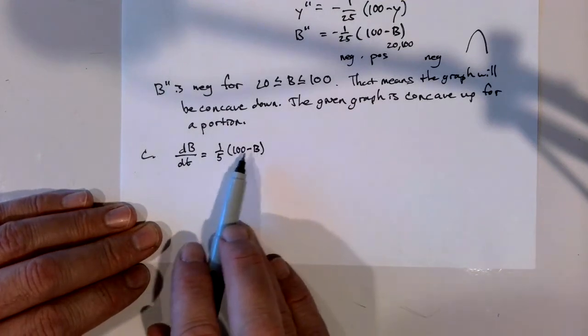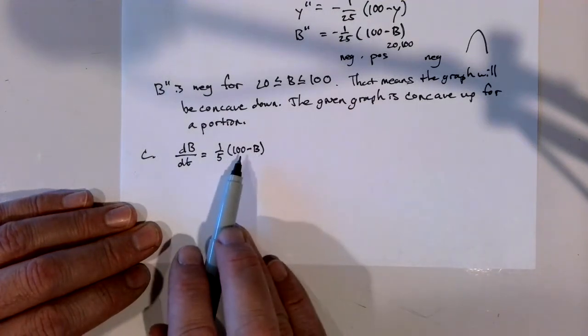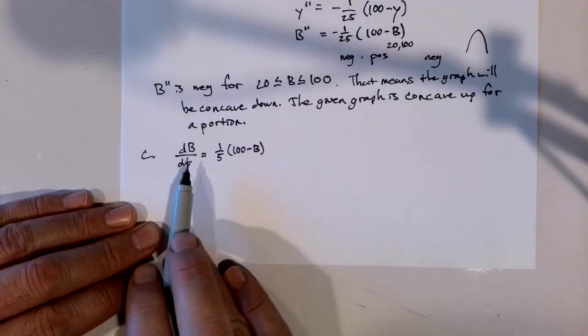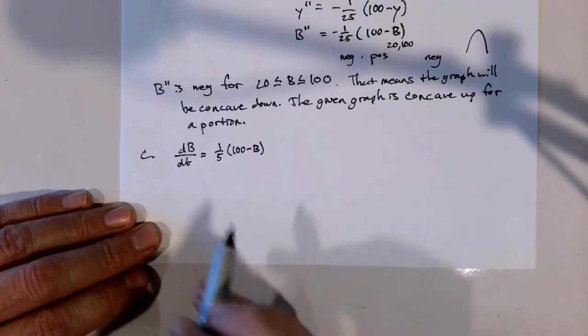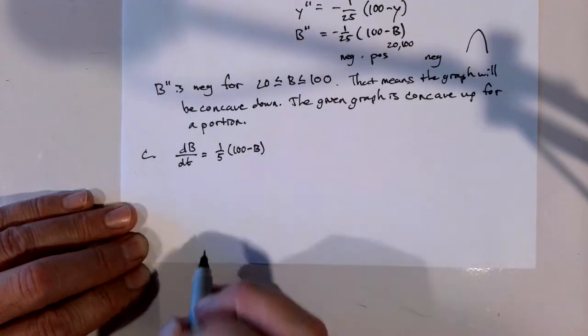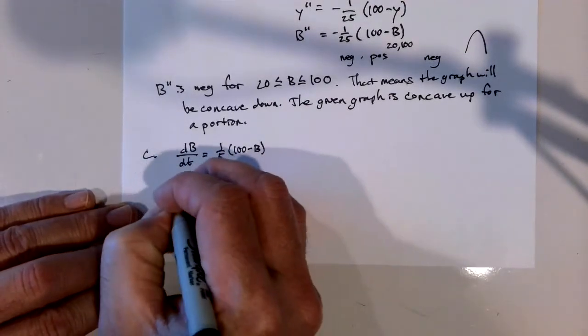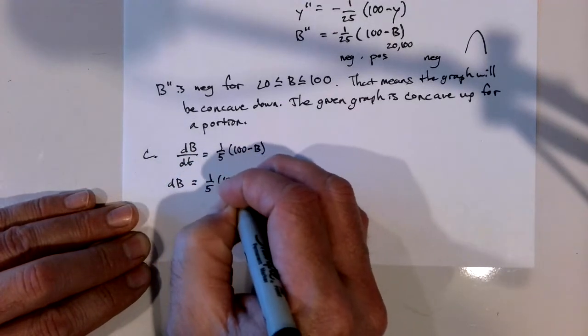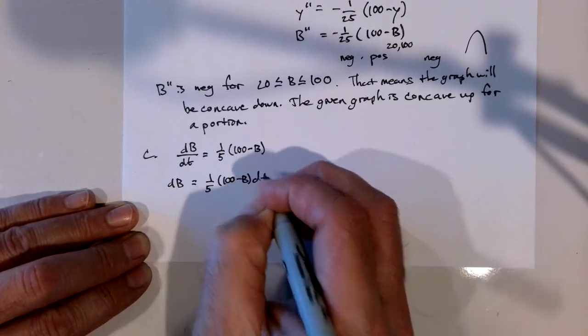You want to get any part of the expression that has a B on the side with dB. And you want to get the dt on the side of everything else.